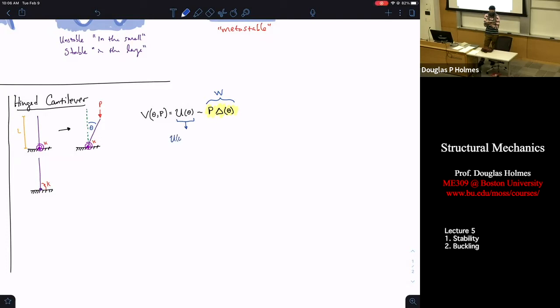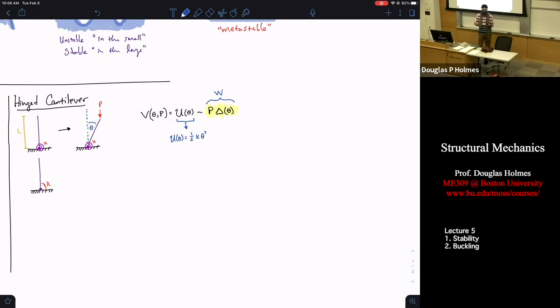My U of theta is equal to 1/2 K times our angle squared. Normally we're used to 1/2 kx squared. In this case, just the units of K change, the form of the strain energy stays the same. P is given, it's what's applied.